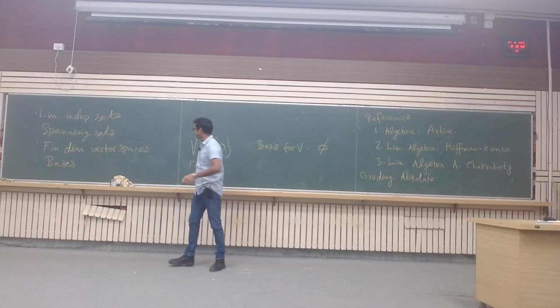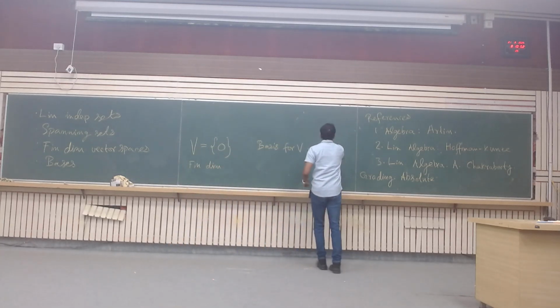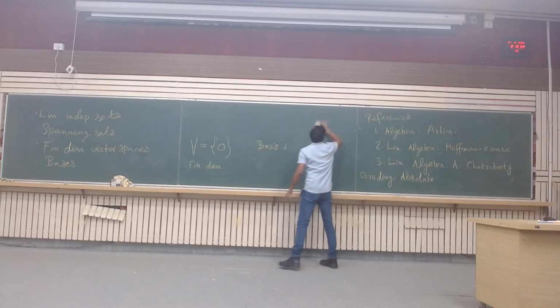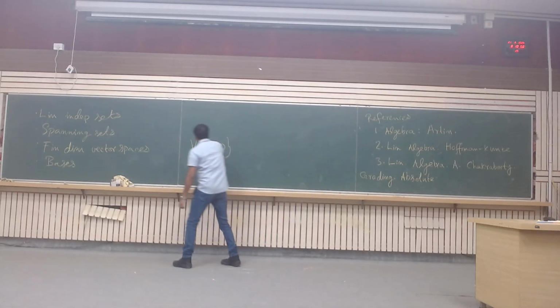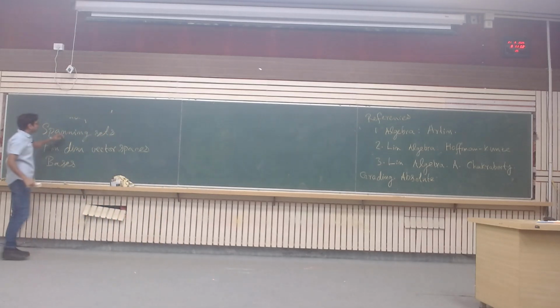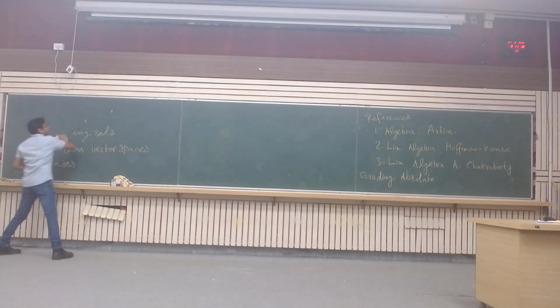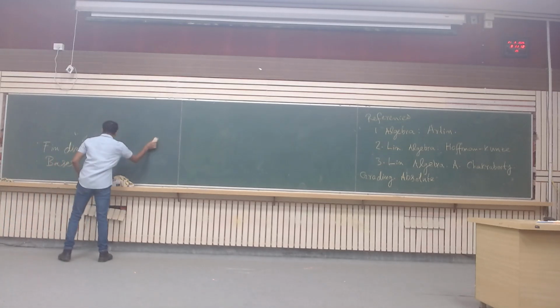And that actually has a very nice analogy with a children's story. So note that basis is something lying between linearly independent sets and spanning sets, right? So we are now in this scenario.